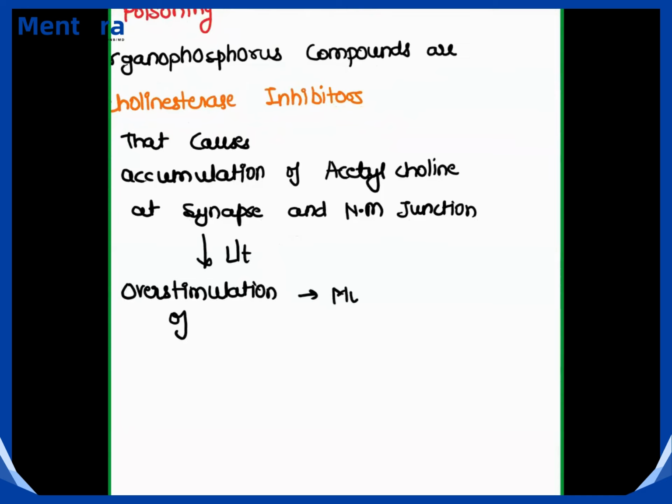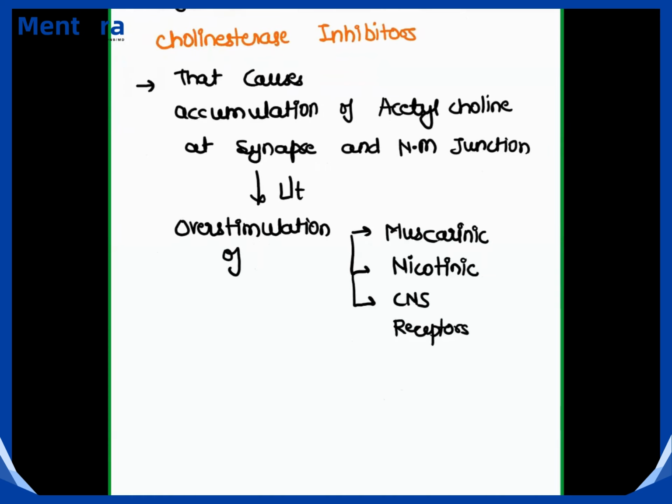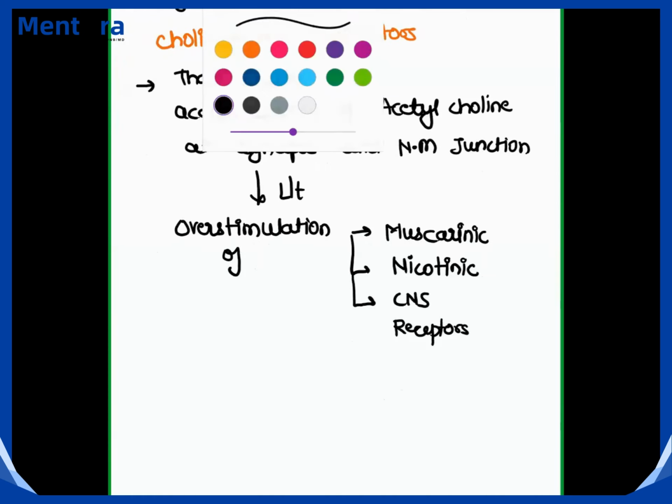The muscarinic receptor, nicotinic, and some CNS receptors. They get overstimulated. Acetylcholine is increased in OP poisoning. So what is the treatment?